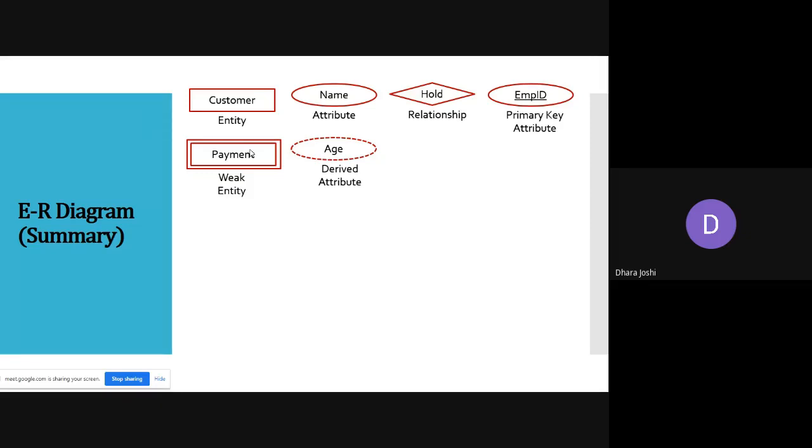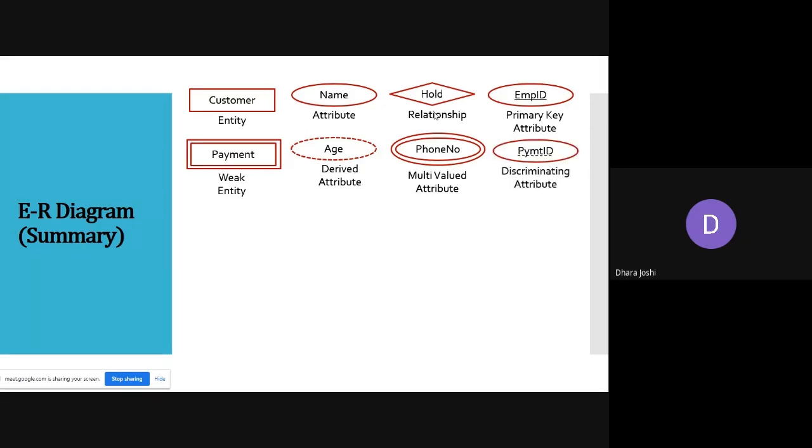It can be calculated from date of birth and is represented with a dashed ellipse. Multi-valued: one person can have more than one phone number or more than one mail ID. So it is multi-valued. Multi-valued means a double ellipse or oval symbol.